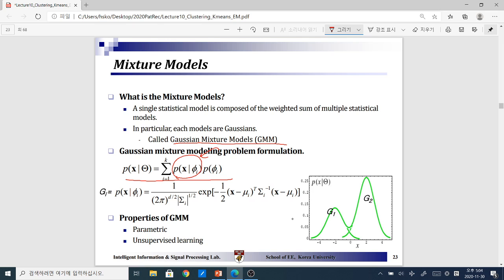Let's say the ith Gaussian might have its own mean, or center, as well as the variance, or covariance.